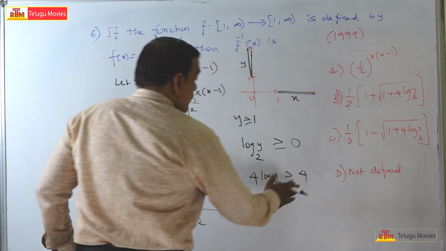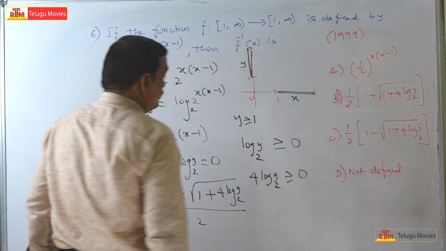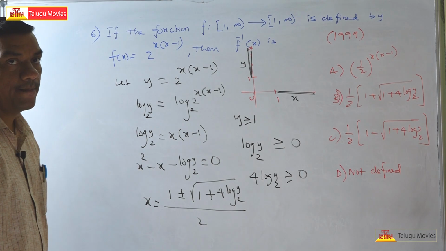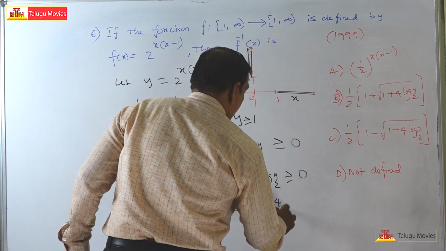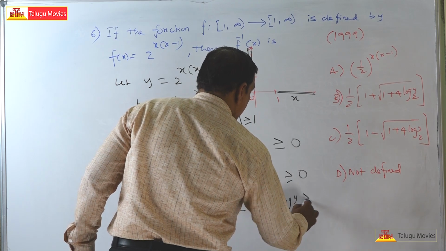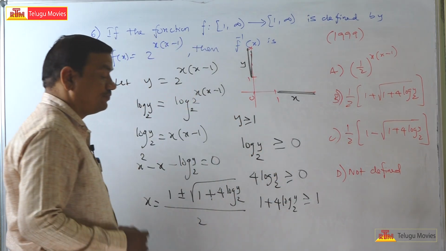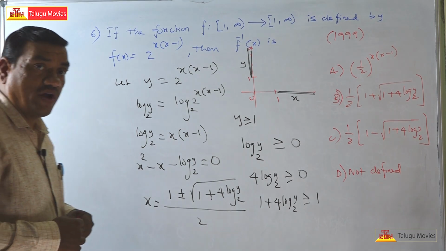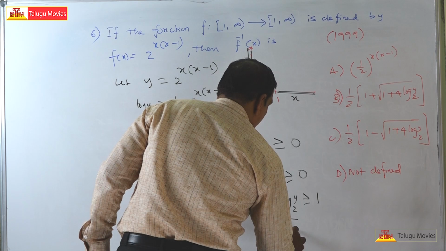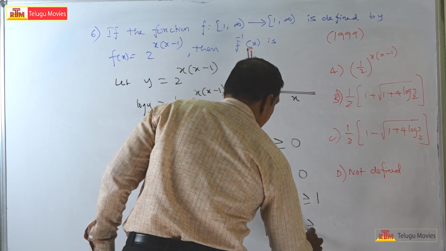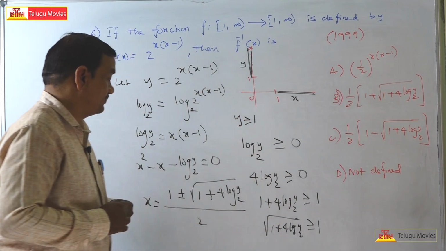So, 4 log y to the base 2 is also greater than or equal to 0, definitely. Then 1 plus 4 log y to the base 2 is greater than or equal to 1, so the square root value is also greater than or equal to 1.